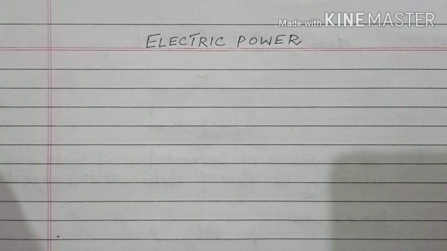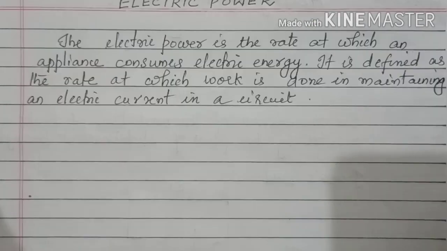How much work is done, or how much energy is consumed by an appliance in a given amount of time, that is what is called power. You may have seen certain numbers written on bulbs. What do they denote? We will go into the details now. Anyway, first I will write the definition for electric power.